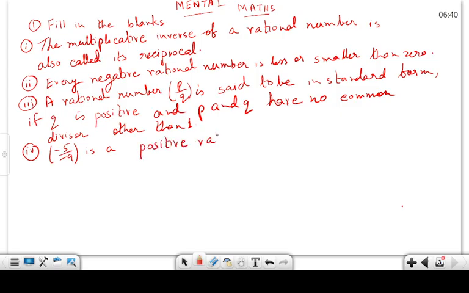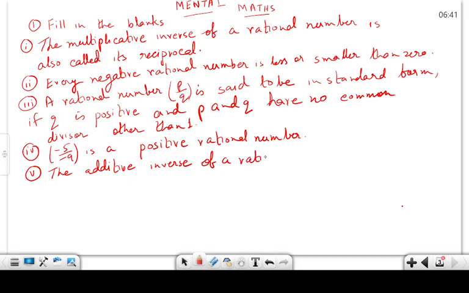And question number 5 is the additive inverse of a rational number a by b is minus a by b.